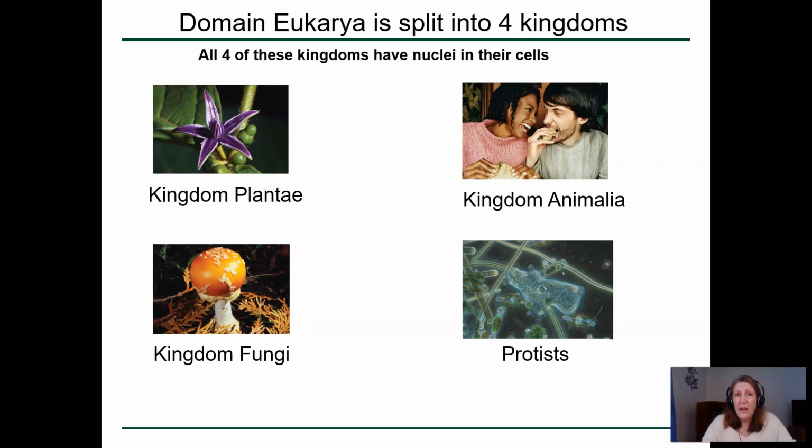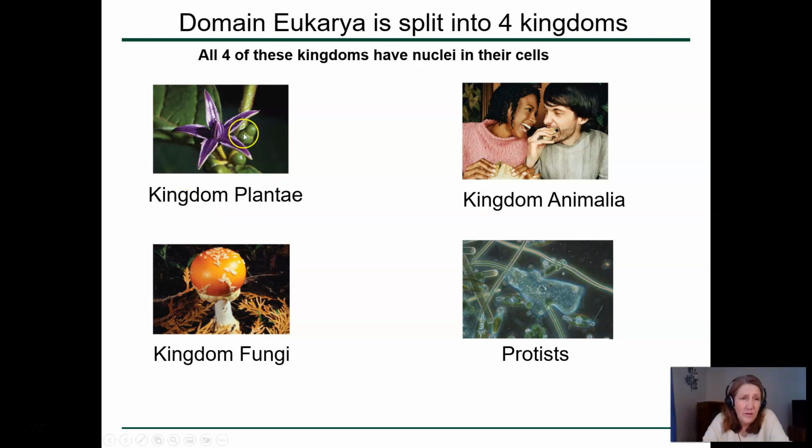Now, eukaryotic is actually split into 4 kingdoms. So if you write on the first page there that you've got plants, animals, fungi, and protists in the eukarya, and then on the second page, you're looking at list the 4 kingdoms within the domain eukarya.